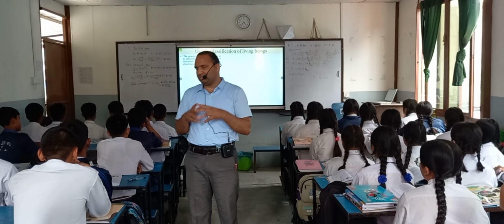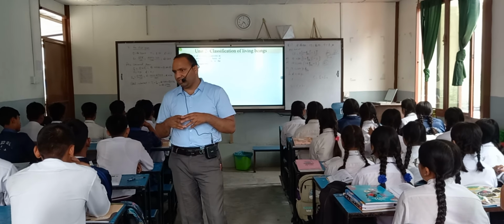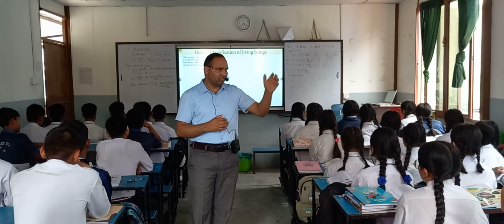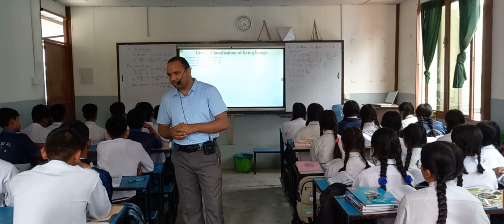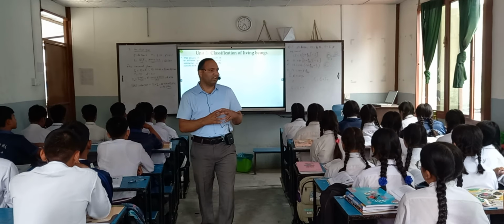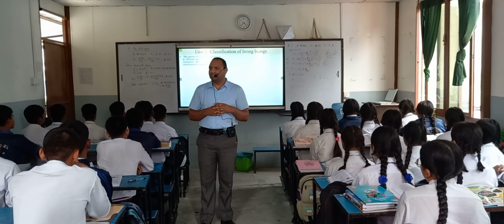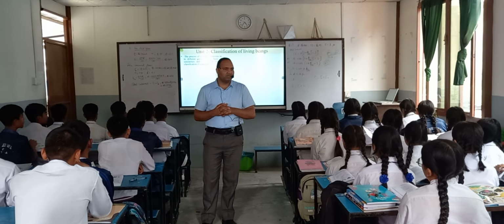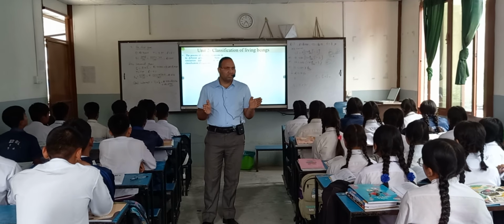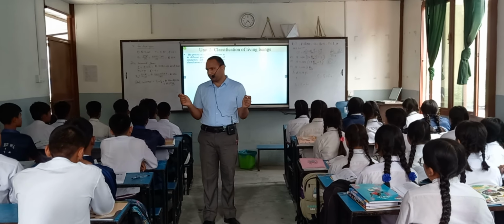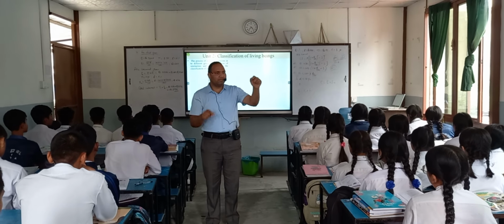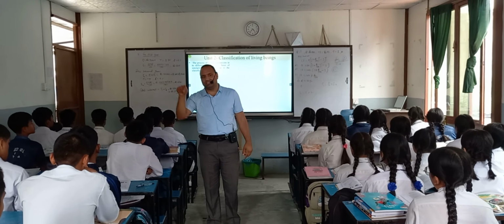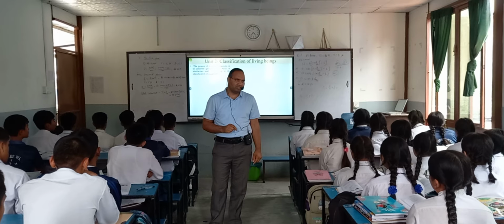For uniformity in understanding as well as naming, we need classification of them. So the process of classification of living beings is called classification. Classification is especially done on the basis of the dissimilarities as well as the similarities of their characters.